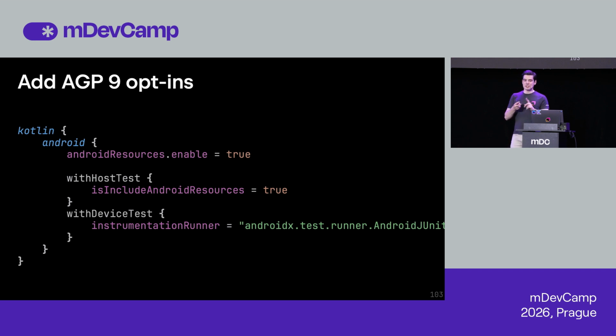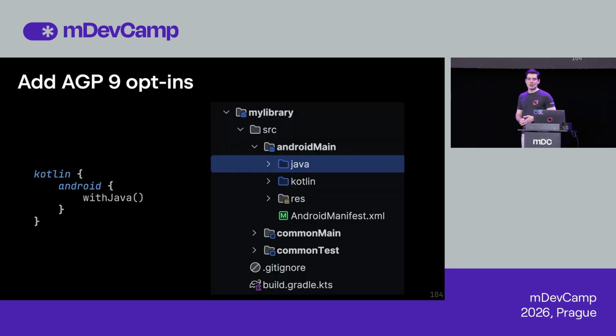So if you want unit or instrumented tests or host and device tests, as they now call them, you have to use those respective blocks to re-enable them and start using those features. As a fun fact, you can also still compile Java code only for your Android implementation if you really have to for some reason. So you also have to opt back into that, although hopefully you don't have any Java code left at that point.